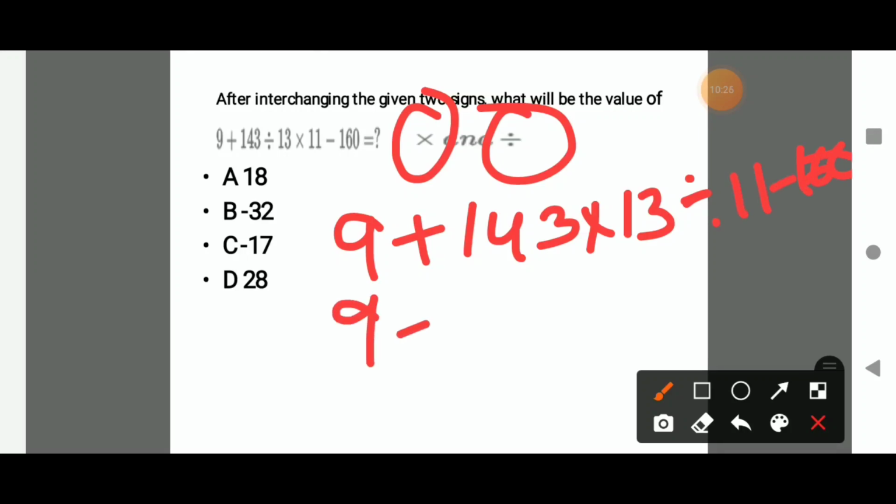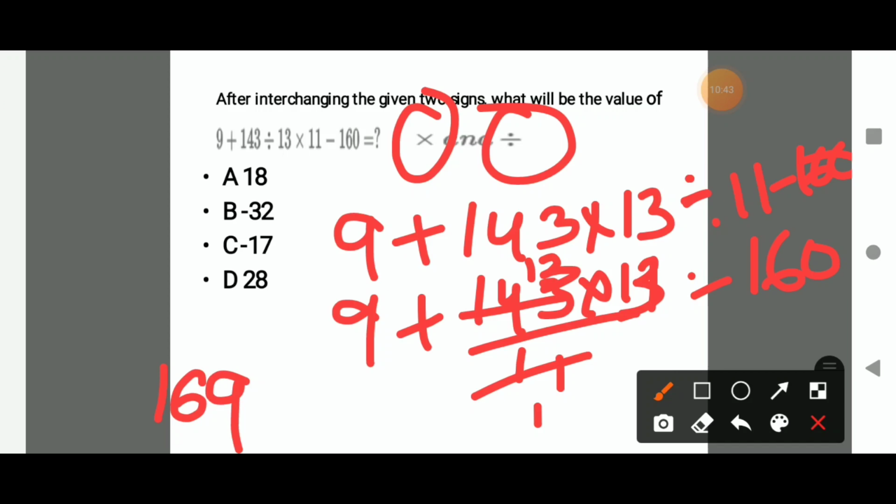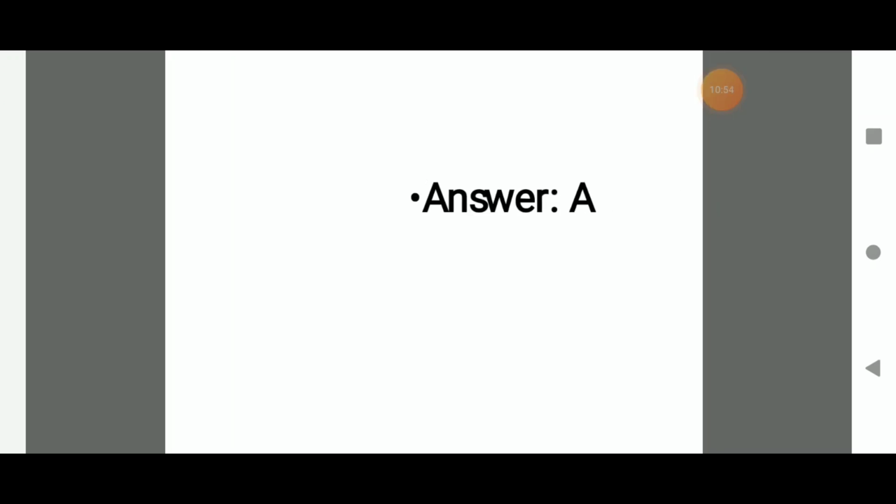So let us go for 143 into 11 by 13 by 11 minus 160. 11 ones are 11, 13s are 13, 13 13s are 169. 169 minus 160 is 9 plus 9, this is 9, this is 9. Total 18. Option A will be the correct answer.